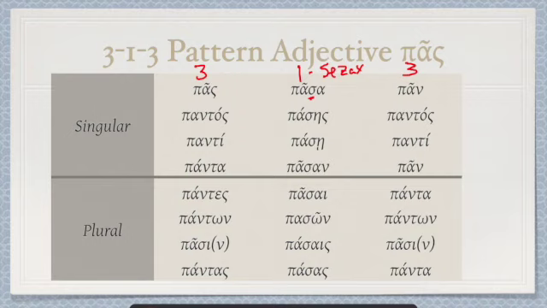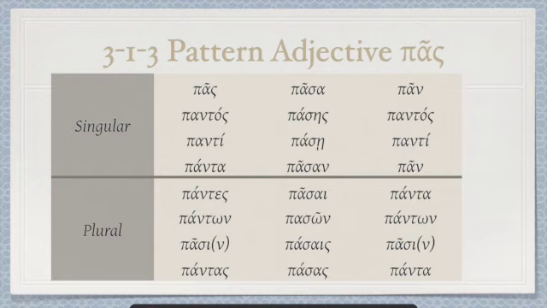So the feminine form for πᾶς is πᾶσα, and then it shifts to eta, πάσης, then eta again, πάσῃ with the iota subscript, and then the accusative shifts back to alpha, πᾶσαν. And then the plural, πᾶσαι, πασῶν, πάσαις, πάσας. So pretty straightforward 3-1-3 declensional pattern.